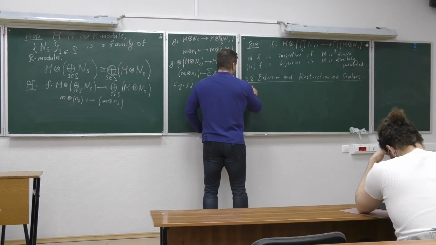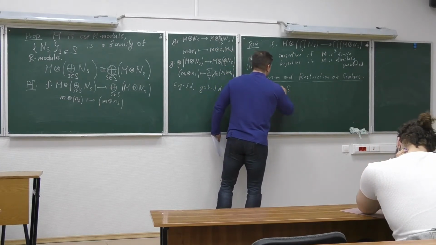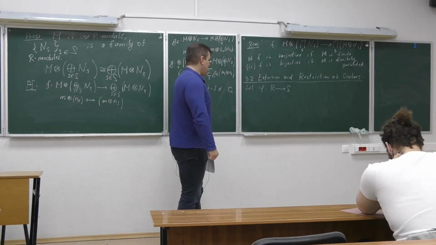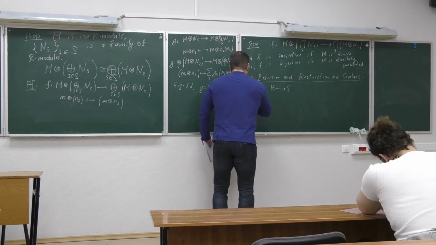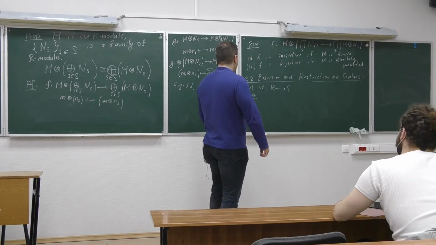We have the following situation. We have phi, a map of two rings, R and S. Then the definition of the extension and restriction of scalars is the following.